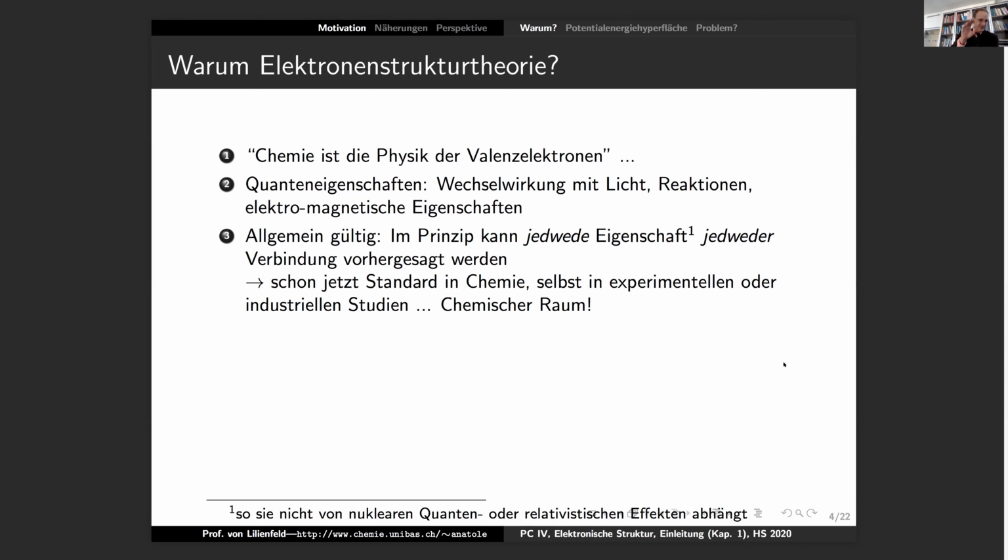So again, the nuclear quantum effects, your kinetic isotope effect, you're not going to be able to study in this lecture, nor the relativistic effects, but the most common scenarios of chemical bonding, as governed by the electrons, we will be able to cover, and this means that any such property could be predicted, right? And that is, of course, what's really appealing to chemistry.